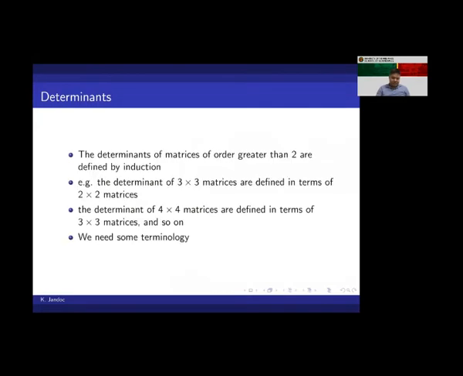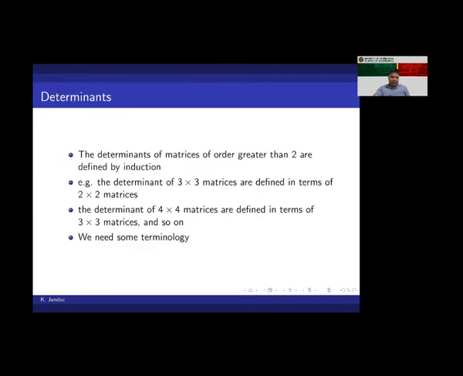The question is, what if the dimension of the square matrix is bigger than 2? So for example, you have a 3 by 3 matrix or a 4 by 4 matrix. It's a little bit more complicated than the case of the 1 by 1 and the 2 by 2 matrix, because the determinant is defined by induction. So later we will see what this exactly means.